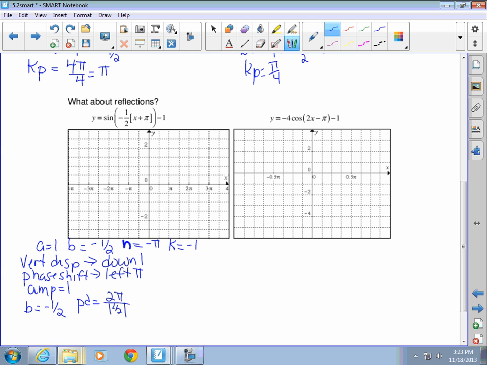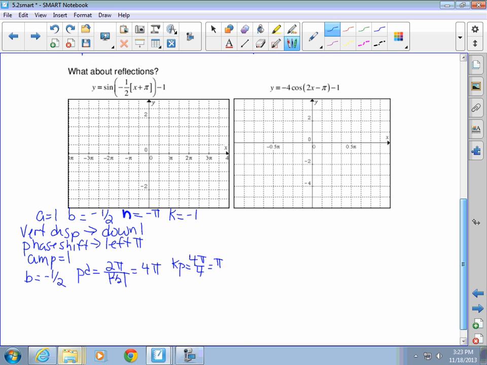So that's the same thing as 2 pi times 2, which is 4 pi. We don't care about that negative value in there, because it's a distance. So then your key points are going to be 4 pi over 4. So this all happens within 4 pi. Every pi is where we're going to have our ups, downs, and our 3 zeros. We have that negative value though.